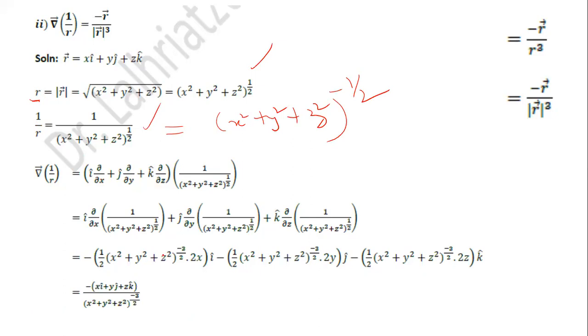So similar to what we have done before, when you take a gradient, this will be operated by del upon del x, and del upon del y and del upon del z operations also will be performed on this, and then you just take the simple differentiation, and this is what you get. Okay, so this is simple.